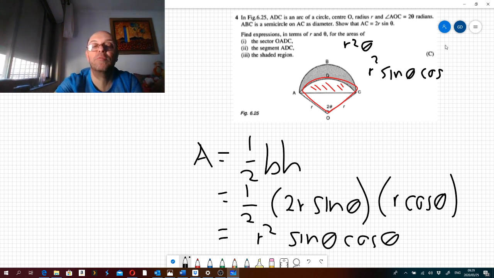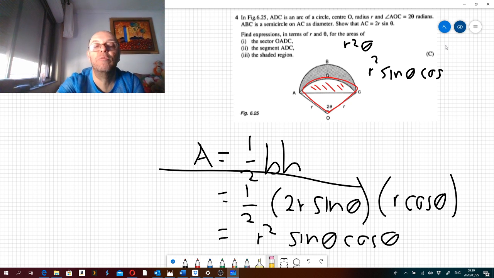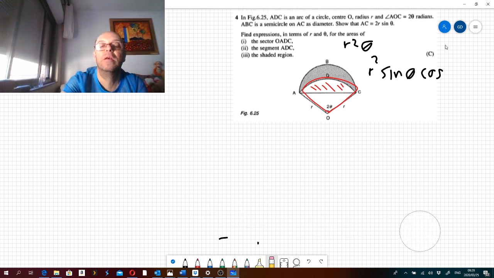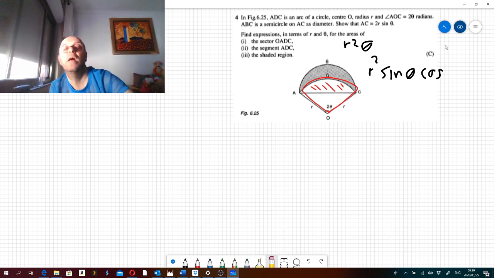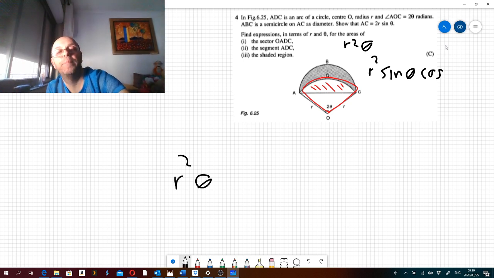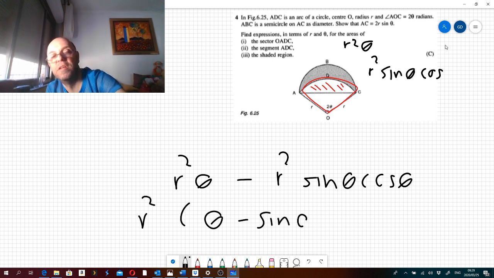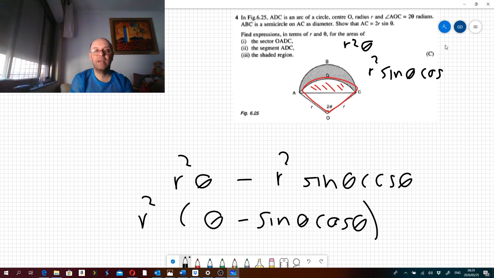Now we've got to subtract the two areas if we're going to find the area of the segment. So the area of the segment must be r squared theta minus r squared sine theta cos theta, and that is r squared times theta minus sine theta cos theta. Now, in the back of the book they might have a slightly different answer.